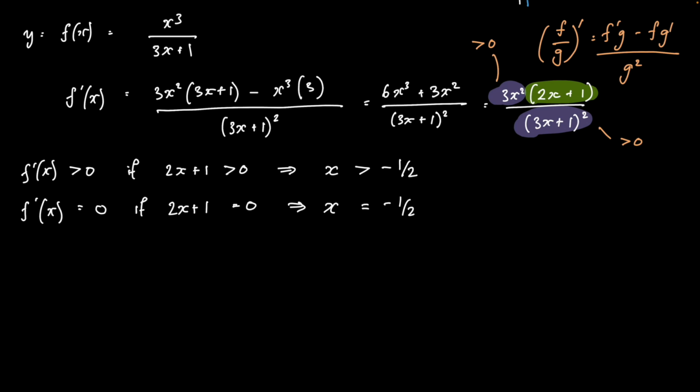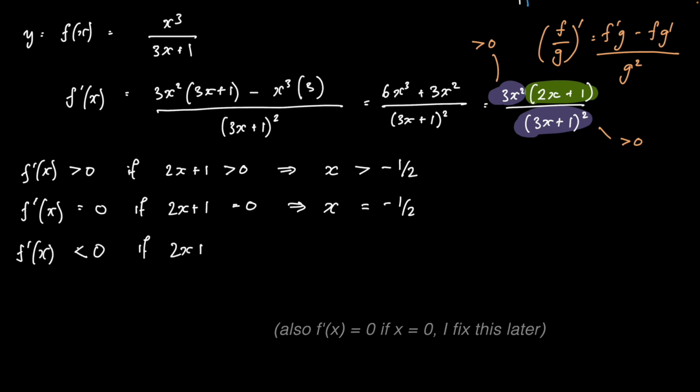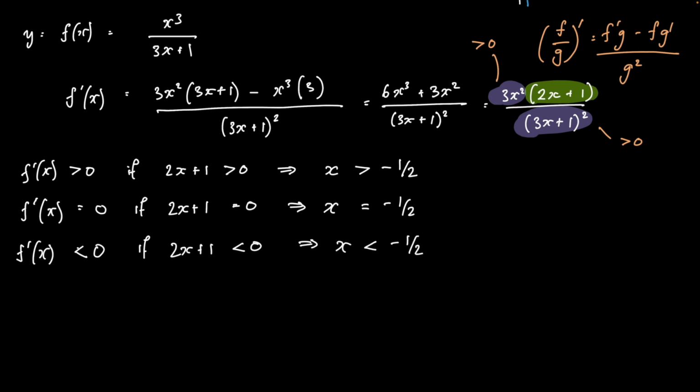That's going to be our critical point. Looks like it's the only one we've got in this problem. And then f prime of x is decreasing, less than 0, if 2x + 1 is less than 0, which means x is less than negative 1/2.